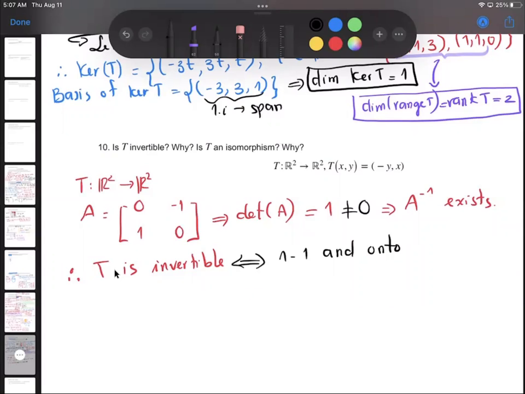And together they call it bijective. Anyway, the point here is that if T is invertible, then according to theorem, I believe it's 6.12, T is also an isomorphism, or isomorphic.